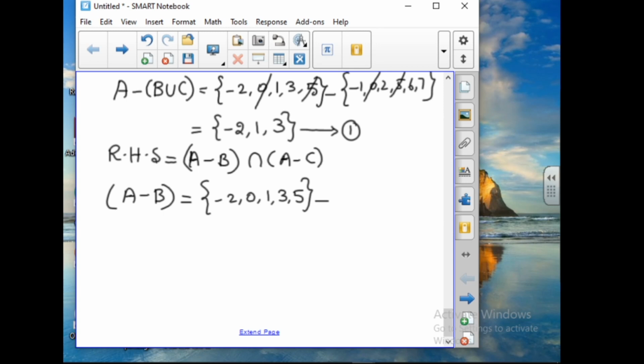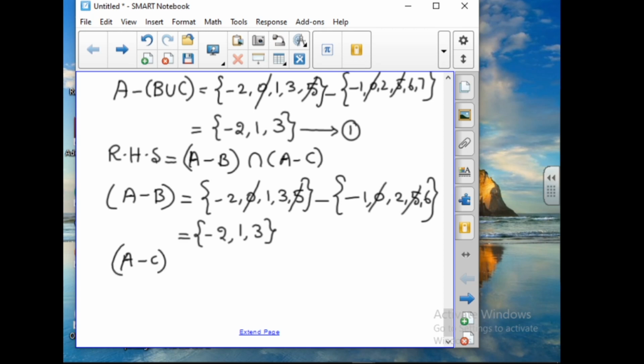Difference B set is -1, 0, 2, 5, 6. So eliminate the common elements 0, then 5. So what are the remaining elements of A set? -2, 1, 3.